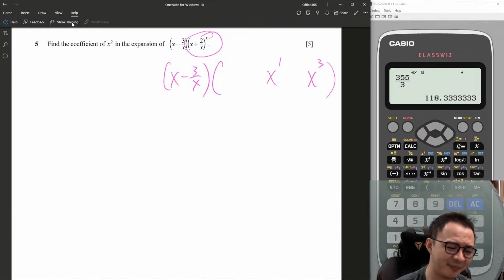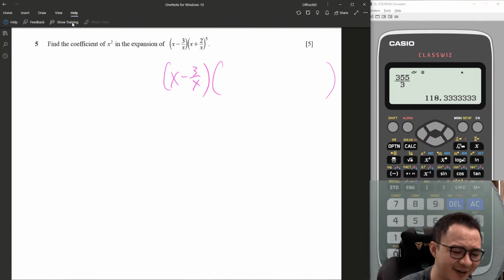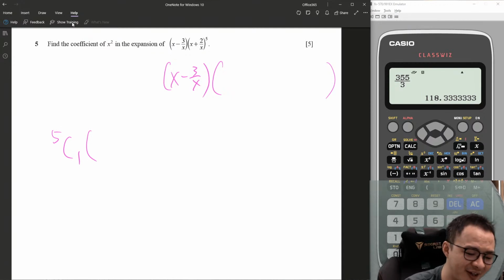I think it should be the term at the back in order to get something like this. Let's try 5c1 and see. Okay, if 5c1, yeah, I think 5c1 is good.